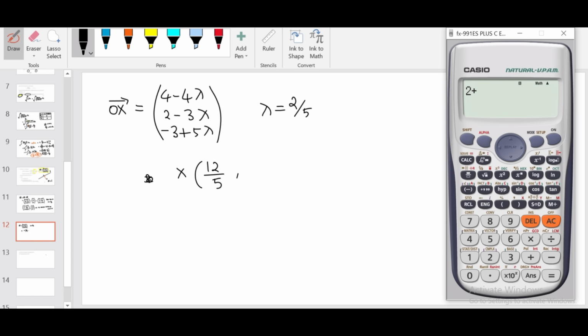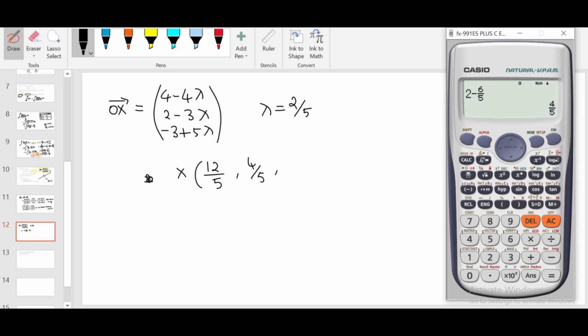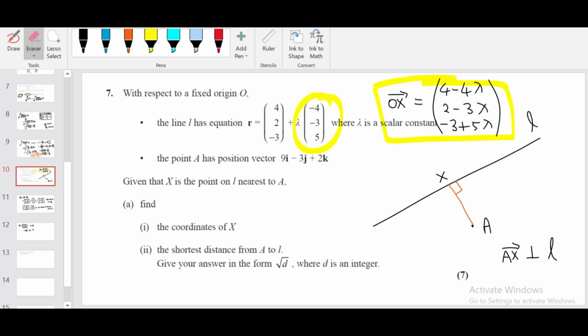Then 2 minus 3 times lambda, which is 6 over 5, is 4 over 5. That's the y coordinate. Minus 3 plus 5 times 2 over 5, minus 3 plus 2, which is negative 1, is the z coordinate. That's the point X.